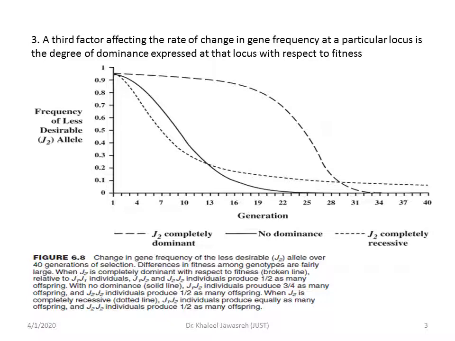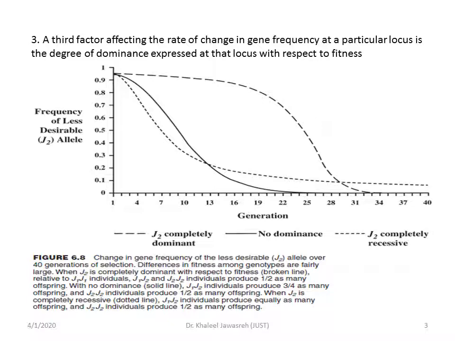The reduction is observed immediately, after 2-3 generations, and it reaches the high frequency for the J1 allele after 22, 23 generations. But in the first one, it is 32 to 34 generations with the complete dominance. It will last for a long period through generations.